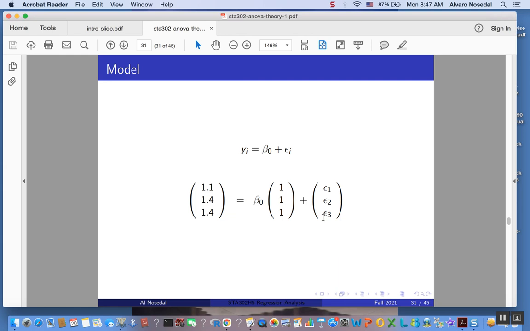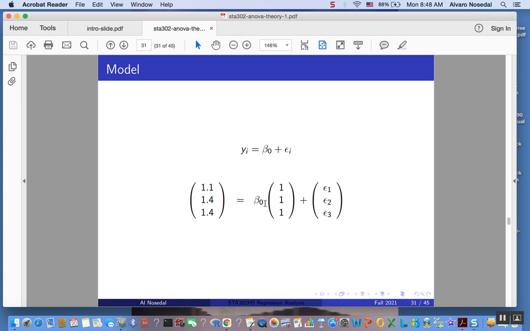Now, since we don't observe the error terms, the epsilons, what we're going to do is use our assumptions and estimate beta 0, this parameter, using least squares.